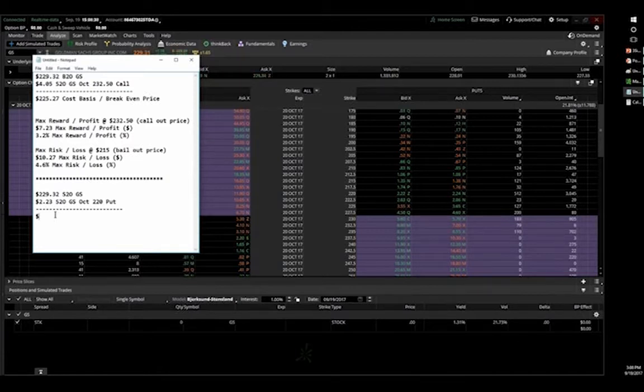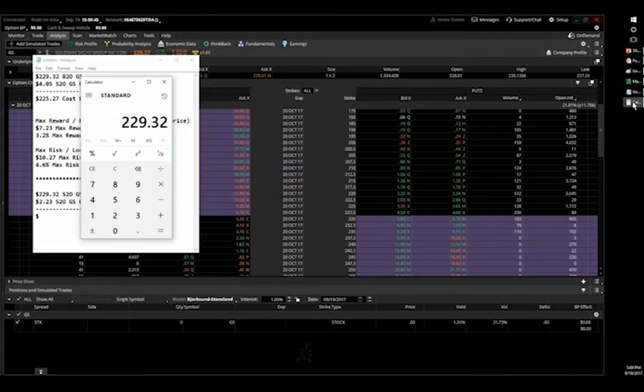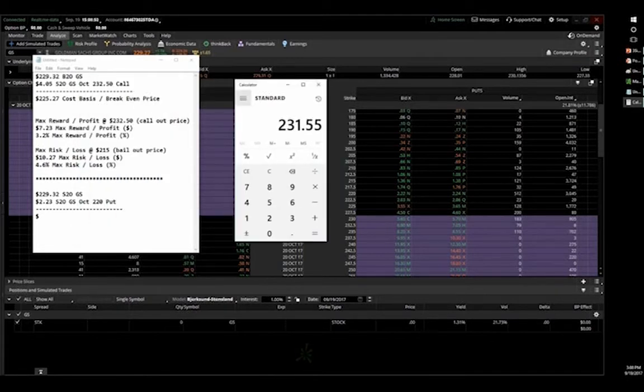Our cost basis is now 229.32 plus 2.23, $231.55. This is our break-even price. We're dealing with a covered put, which means that everything works topsy-turvy. Going up works against us.